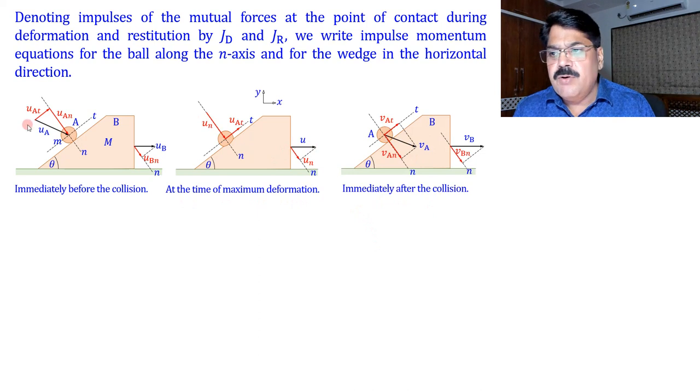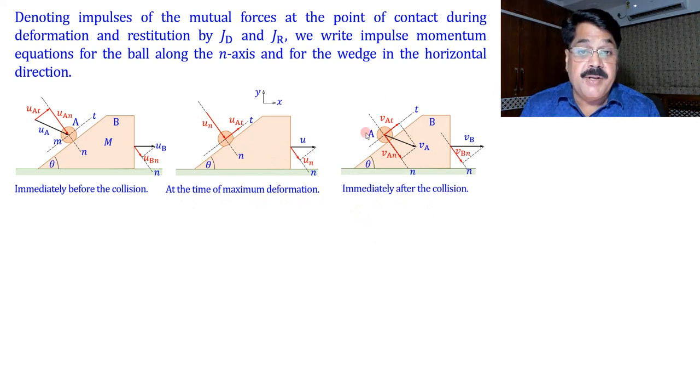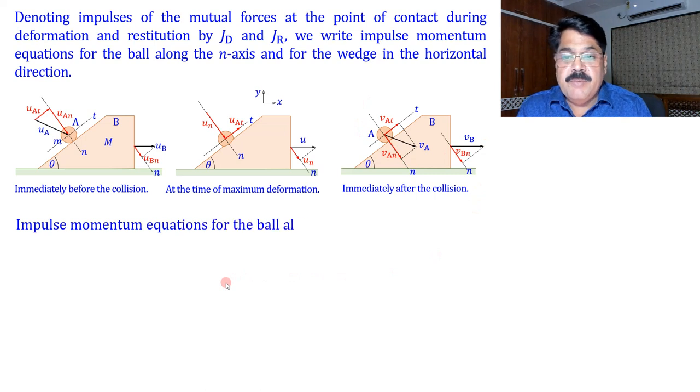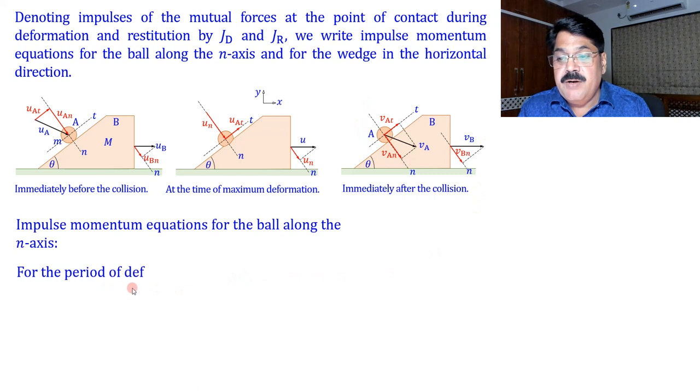VAT is equal to UAT, of course, from the continuity of the tangential component, and this component we are assuming VN, and this velocity we are assuming VB, so it will be VBN. Impulse momentum equation for the ball along the n-axis for the period of deformation. So what will it be? m UN minus JD is equal to m UN.